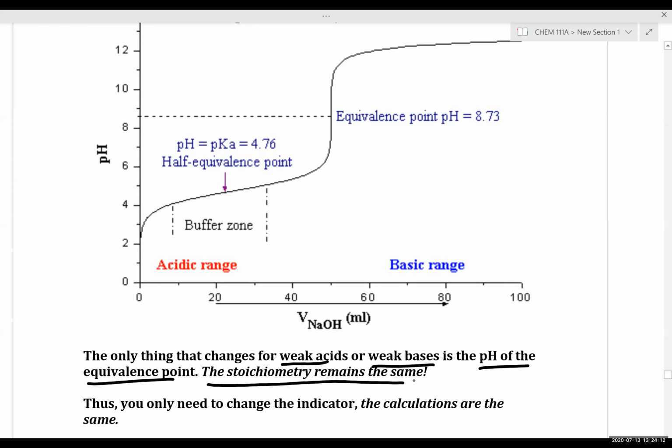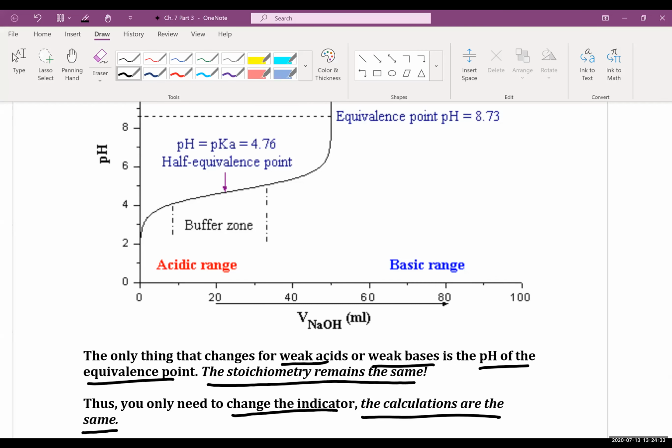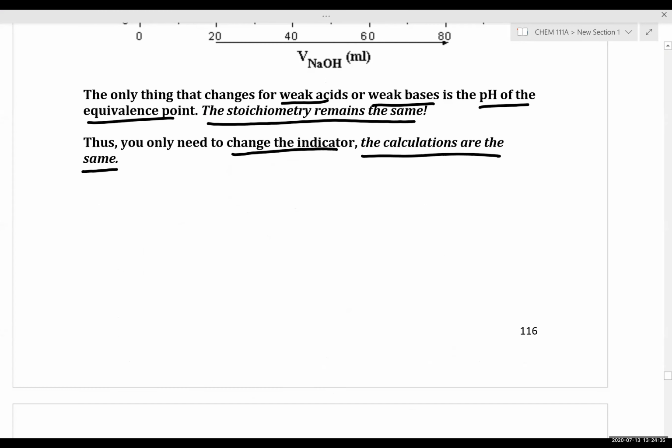The stoichiometry and the way that you handle the titration calculations stays the same. You only need to change the indicator. That's a practical experimental modification. The calculations are exactly the same for a weak acid or a weak base titration. And I'm going to prove that to you.